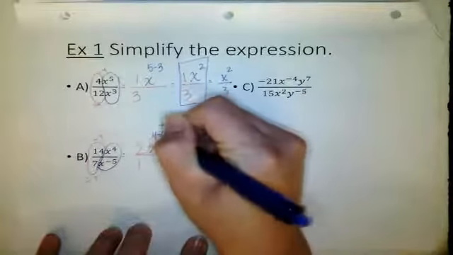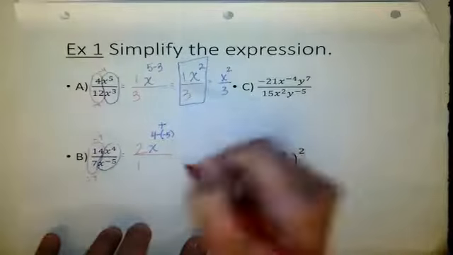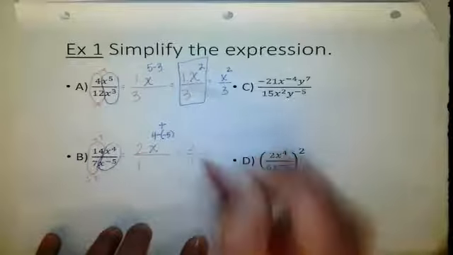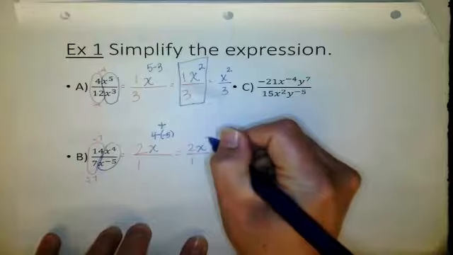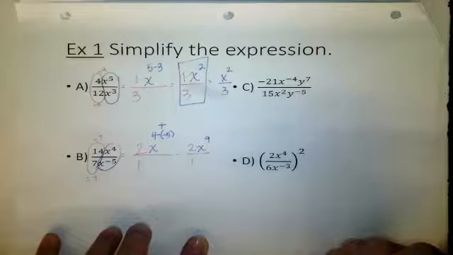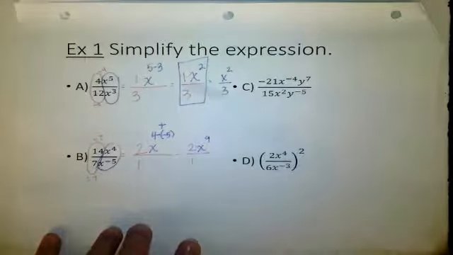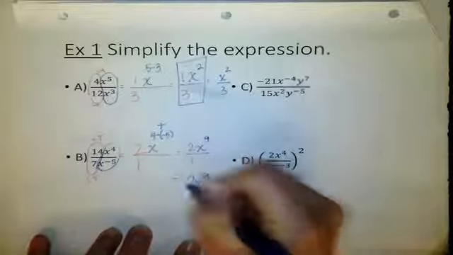Adding. Minus a negative, negative times negative, really turns to positive, and so we get 2 over 1, x to the 9th. Do you need the 1? No, you don't need the 1. 2x to the 9th is the same thing. All right.